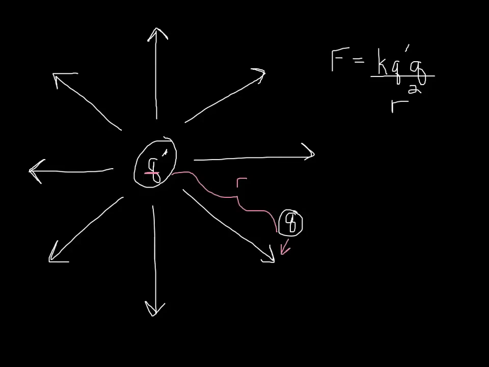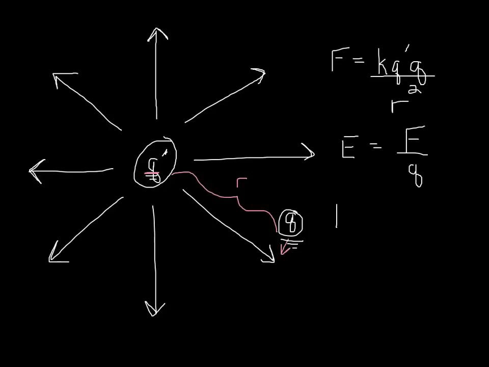Now, if I want to know the field that I'm interacting with, my charge that I'm bringing in is Q. So to figure out the field I'm in, the field is the force created by this charge Q prime divided by whatever charge is inside of that field.